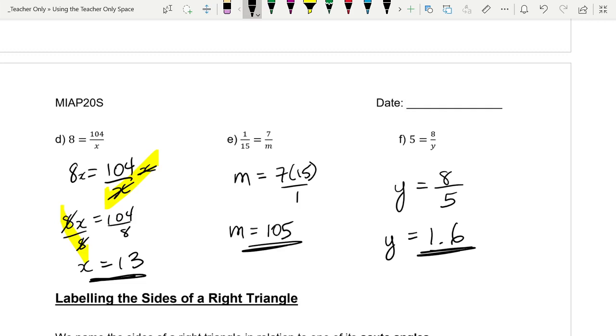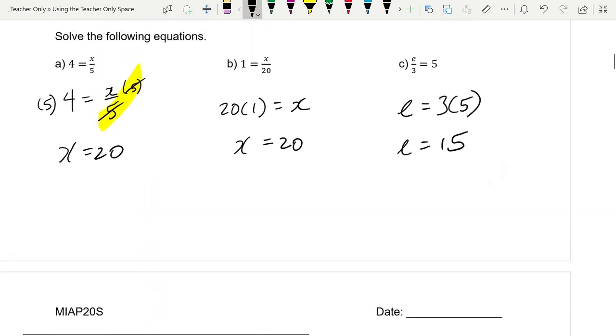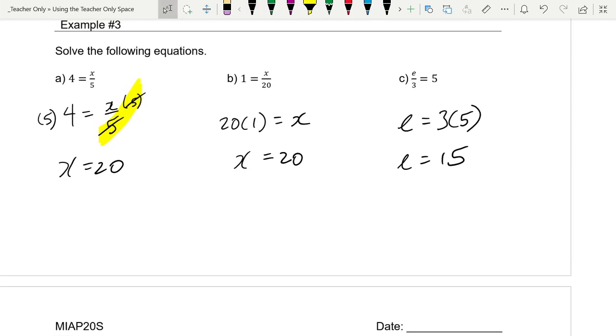So I will give you this little hint. Some people would look at A, B, and C here, and they've memorized that, oh yeah, when I am looking for the number that's on the top, T for top, T for times.